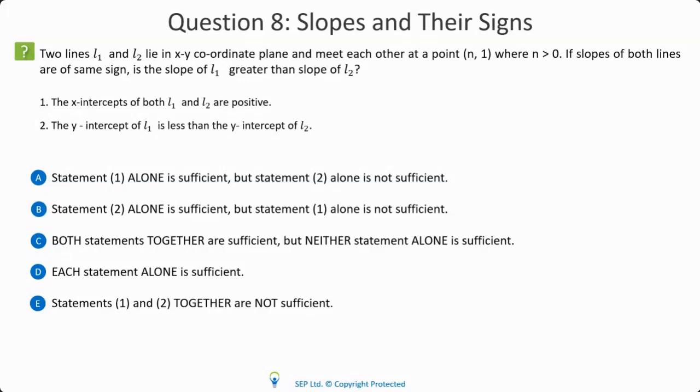I decided to choose this because a lot of you are not comfortable dealing with slopes, so I thought at least one question on slope makes sense to do. This is the last question for the day, so give your best shot.